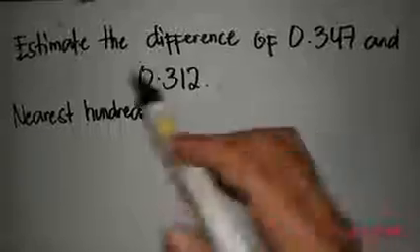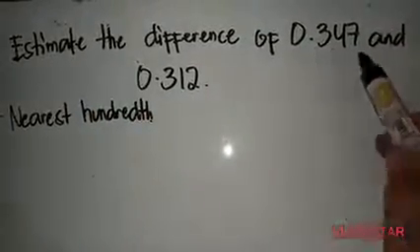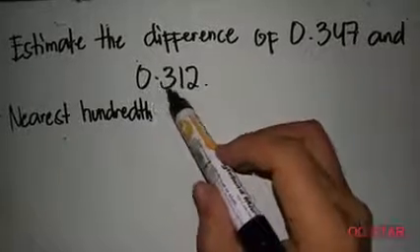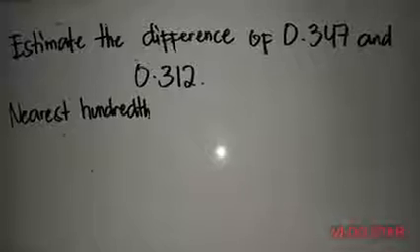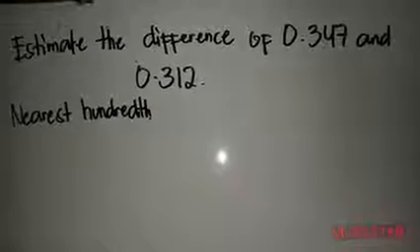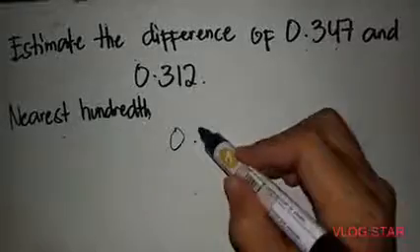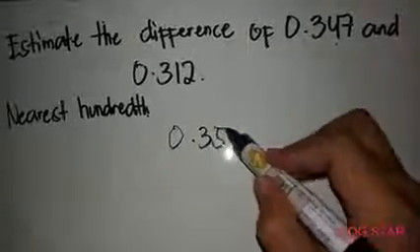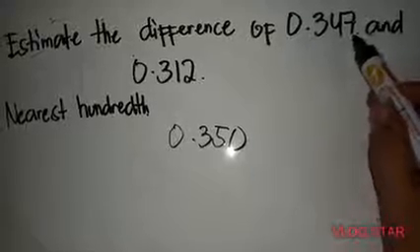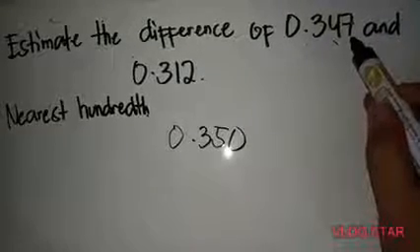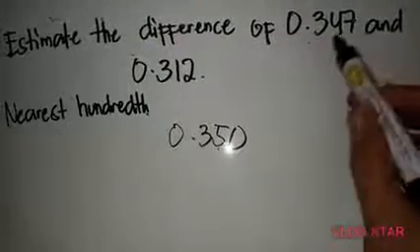So the next example is estimate the difference of 0.347 and 0.312. So we will round it to the nearest hundred. So tens, hundred, so 0.350, because the digit next to 4 is 7, which is equal or greater than 5, so we round it up by adding 1 to 4.